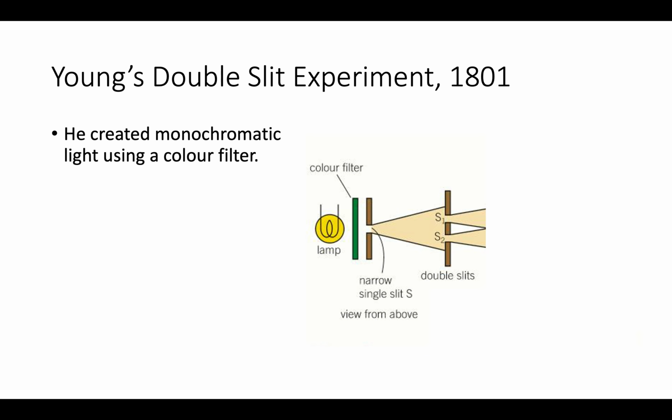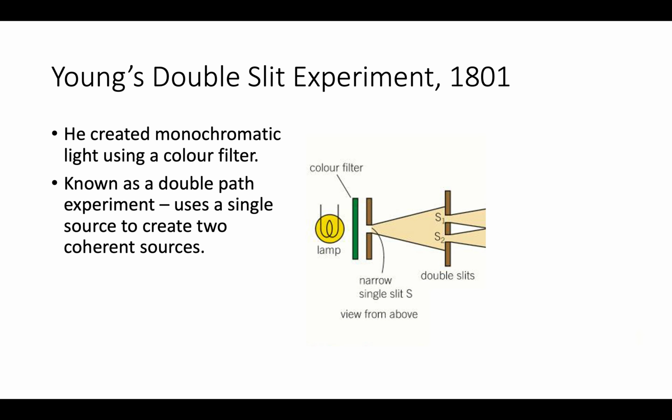Well, the first thing was he used a monochromatic filter. So if we were to repeat this experiment today with an electrical lamp, then we could put, say, a green filter in there. That's the colour that Young used. And monochromatic means it's producing light of a single wavelength. So that's halfway to it being coherent. The other part is we want a constant phase difference. The two light sources have got to be in step.